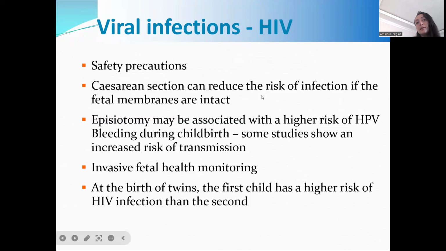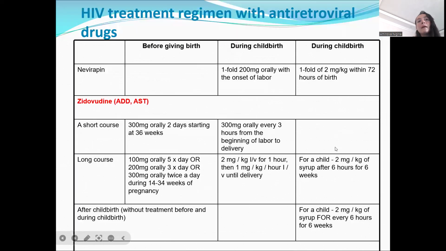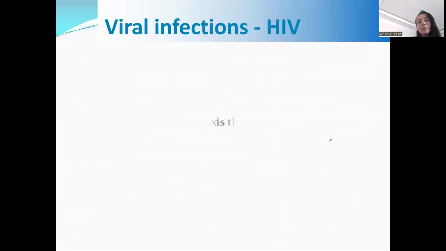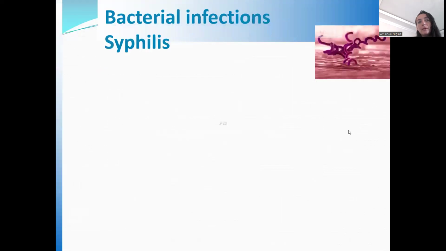And C-section can reduce the risk of infection if the fetal membranes are intact. Remember about it. There is treatment with antiviral drugs. Dosage, remember about dosage also. I think that was about HIV infections.